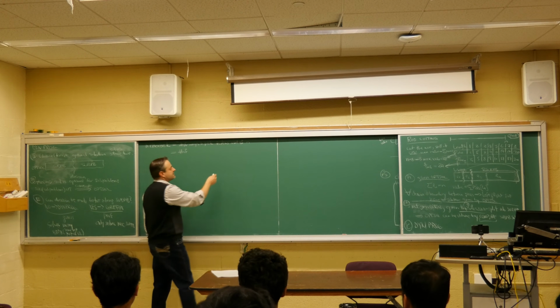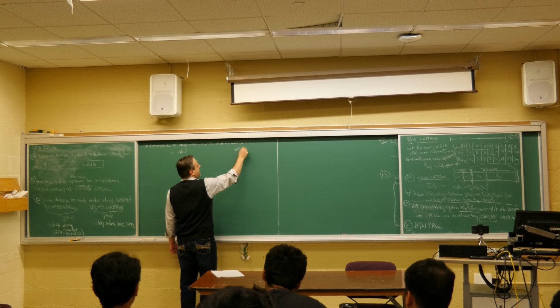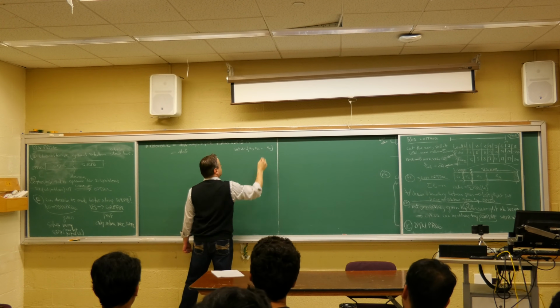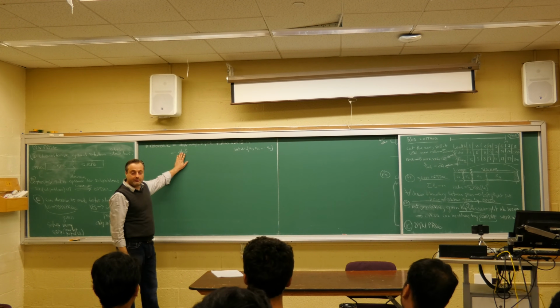If I have a set A of A1, A2, up to AN objects, this is the number of combinations. But that's combination in mathematics.